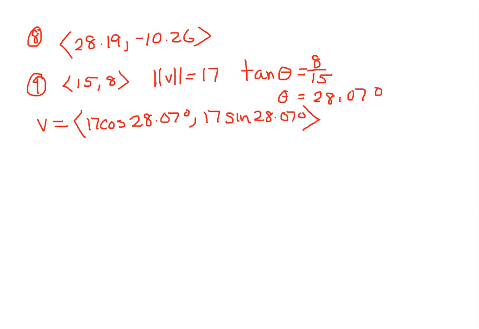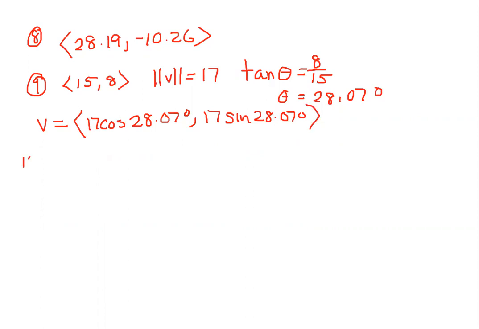And that is the answer. That's all we're doing right here. Or if you wanted to write it as a linear combination, you could write it as 17 cosine 28.07 i plus 17 sine of 28.07 j. Well, no, let's not write it as a linear combination. You could factor the 17 out if you wanted, but we're just going to leave it like this.